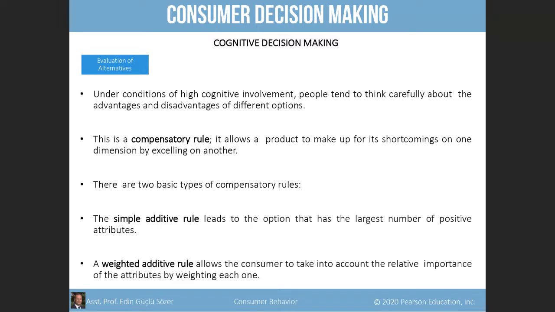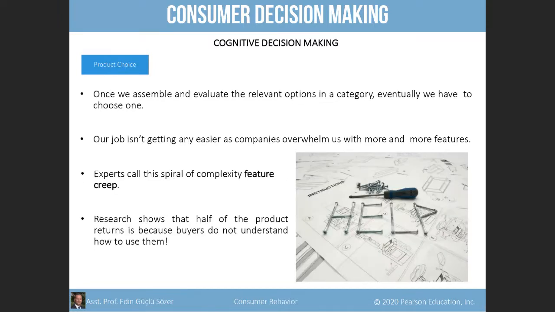In the weighted additive rule, we again score the products based on the attributes, but these attributes have some weights. For example, one attribute has more weight than the other in our decision making. So if one product is good on that weighted attribute, then it will win the race. This is also very important. And of course, there are other issues.